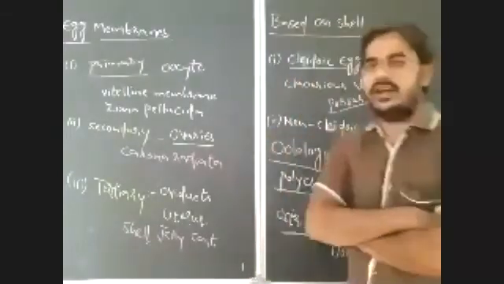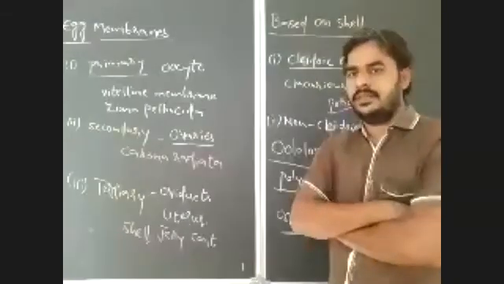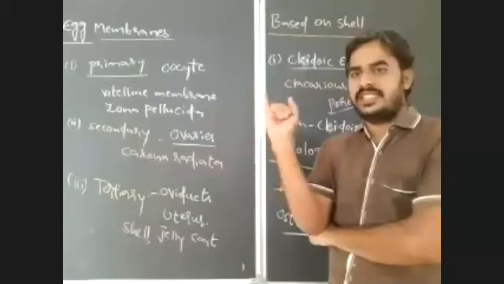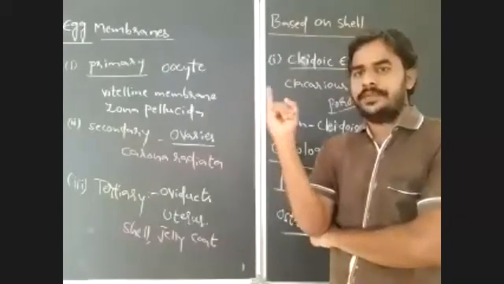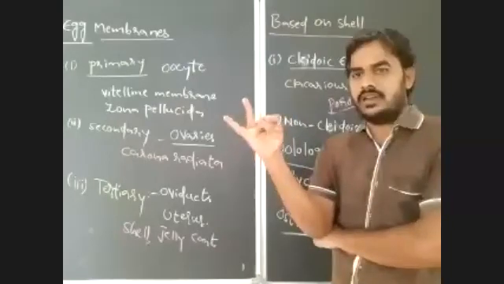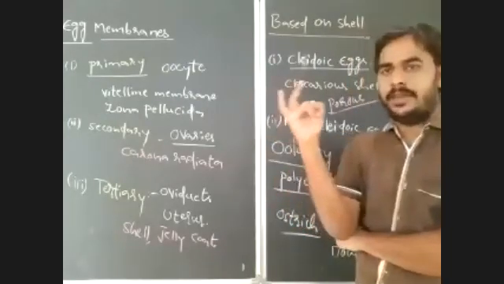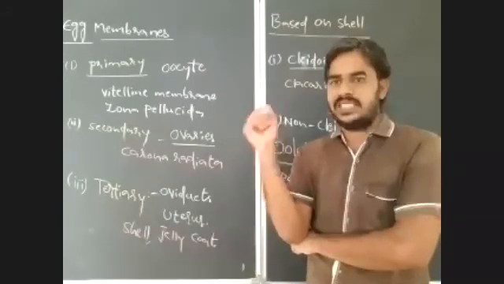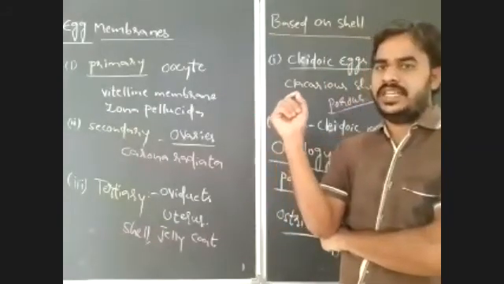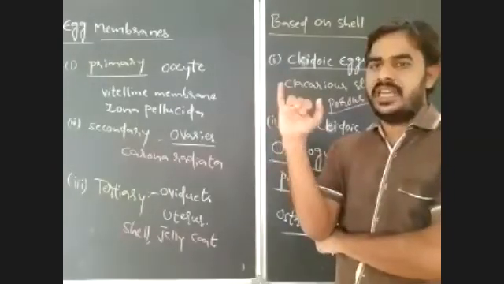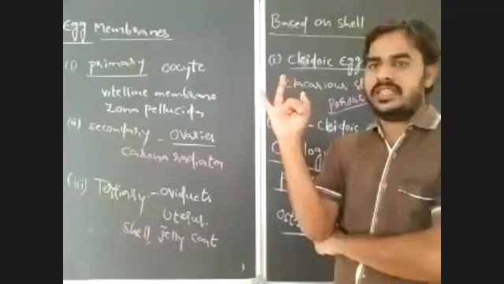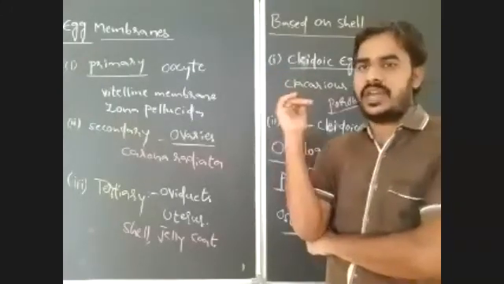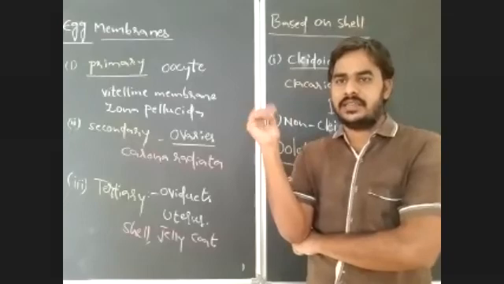What are the types of eggs we discussed? There are three different classifications: based on the amount of yolk, based on the distribution of yolk, and based on the shell. Based on the amount of yolk, eggs are classified into four types: alecithal, microlecithal, mesolecithal, and megalecithal, which is also known as macrolecithal or polylecithal.